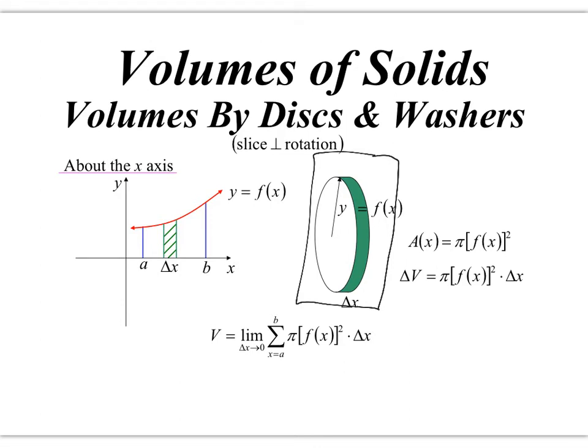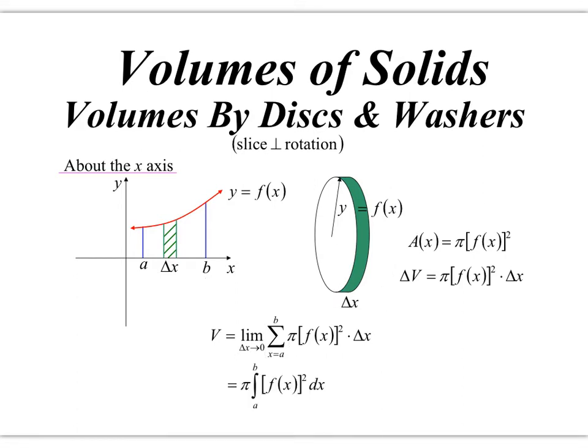And ultimately, if we want to go from A up to B, we're going to take an infinite number of those, infinite number of very thin ones, and the notation for that is as delta x approaches 0, so a very thin strip, we're going to add up the sum of all of those disks going from A up to B of the volume, which is pi r squared h, so pi times f of x squared times delta x.